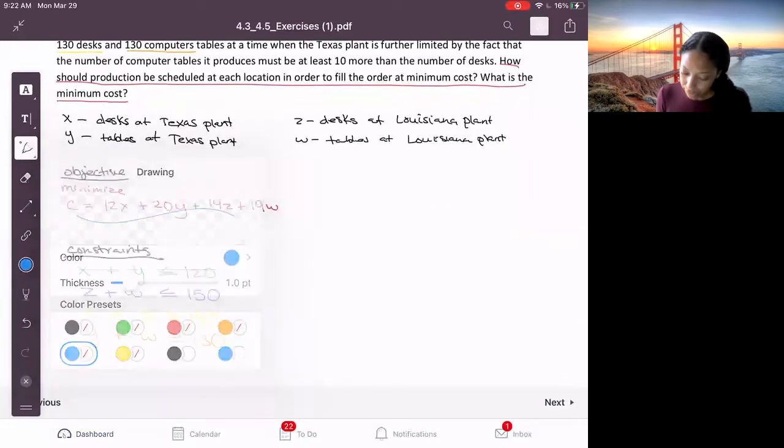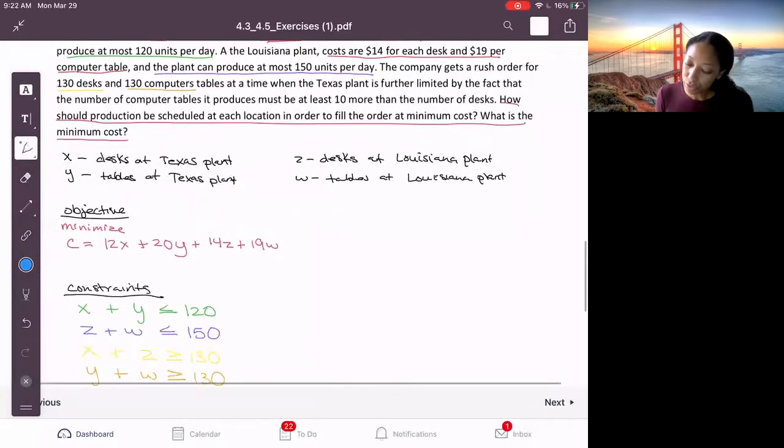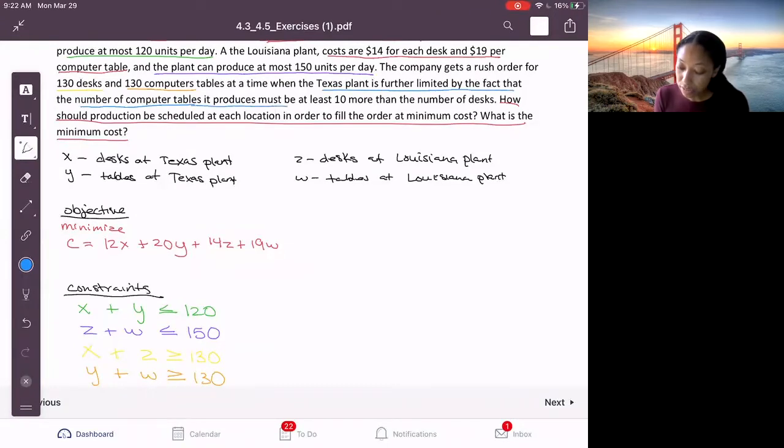Okay. Last thing, we're told that the Texas plant is further limited by the fact that the number of computer tables, this is in Texas, the number of computer tables it produces must be at least 10 more than the number of desks.